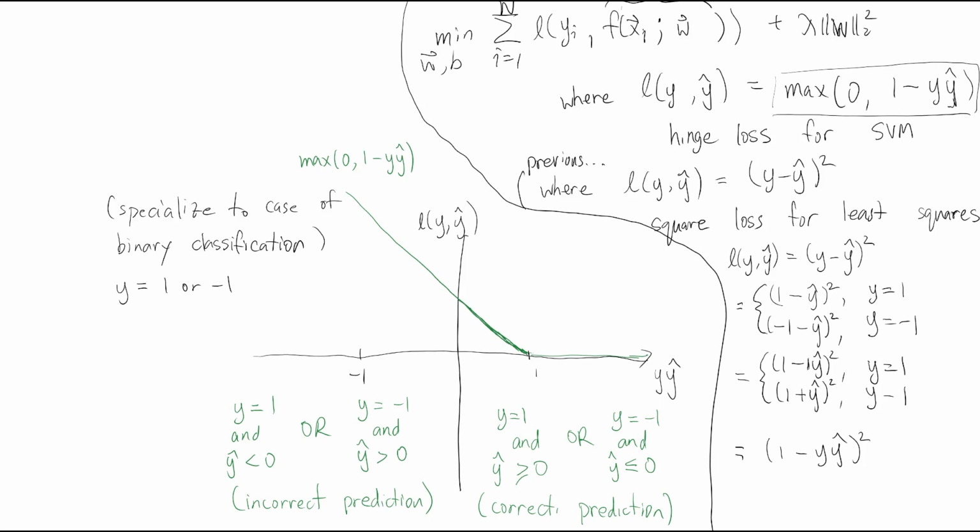And then when y is minus 1, we kind of have a minus 1 hidden in here. So it turns out that we can more compactly write the previous expression as simply 1 minus y hat, all of that squared. And this is convenient because our axis is y hat. And this allows us to draw this loss function very easily on the graph.